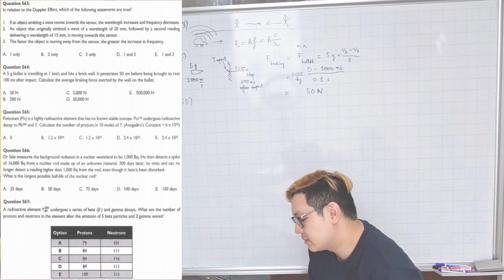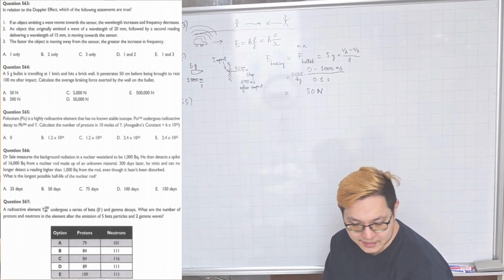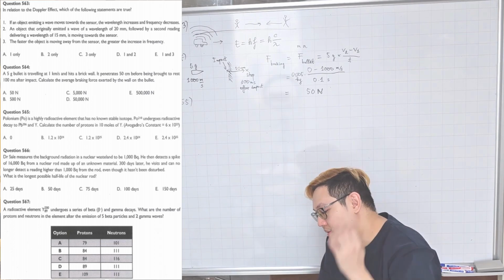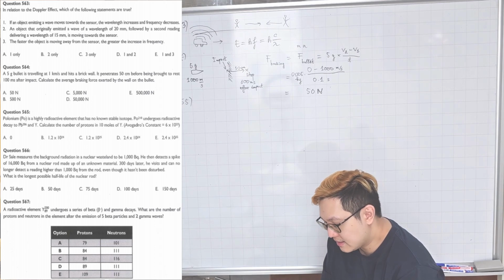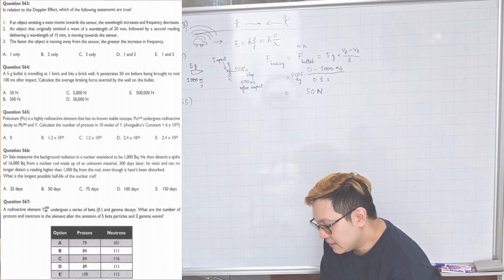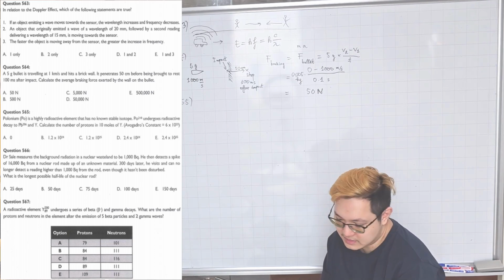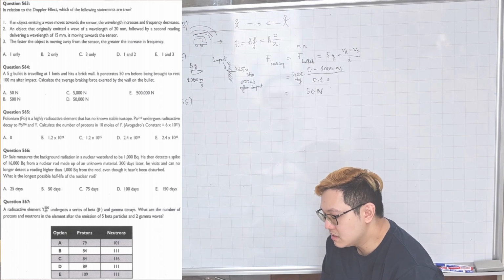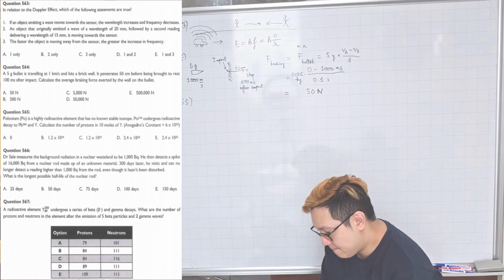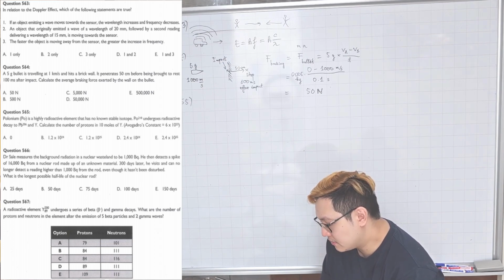Polonium-210 undergoes radioactive decay to lead-206 and Y. Calculate the number of protons in 10 moles of Y, and you are given the Avogadro constant, 6 times 10 to the power of 23.